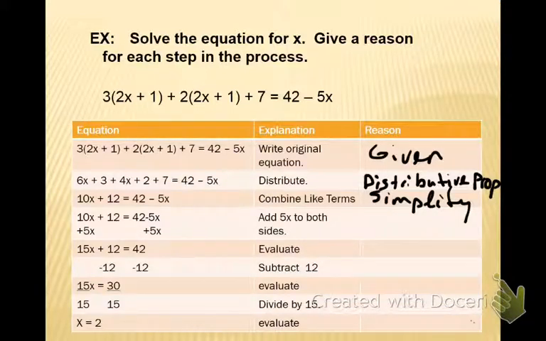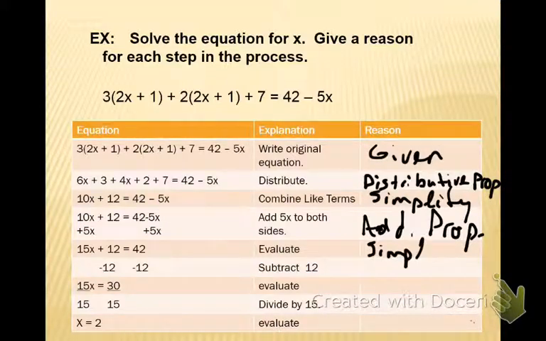From there, we want to show adding 5x to both sides, and we get to do that because the addition property tells us that we can. Once we've added 5x to both sides, we have to combine like terms again. I like to call this simplifying. We're just simplifying that down now.